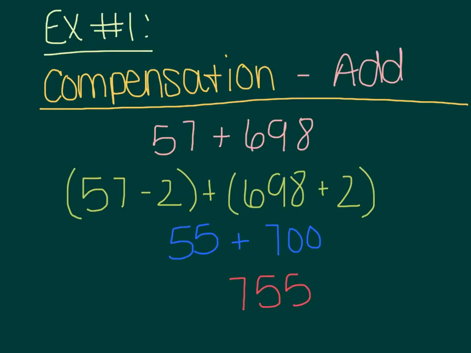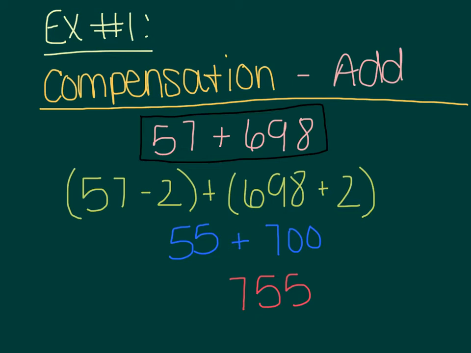Okay, example number 1. We're going to talk a little bit about something called compensation. So this is an example on how to use compensation when you're adding. So we have, for our original problem, 57 plus 698. So when we're using mental math, we want to try to do something that's going to be very easy for us.